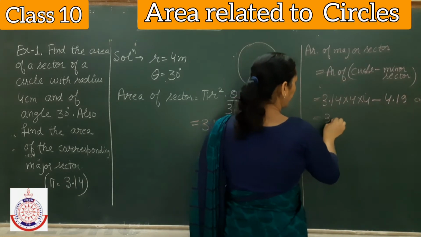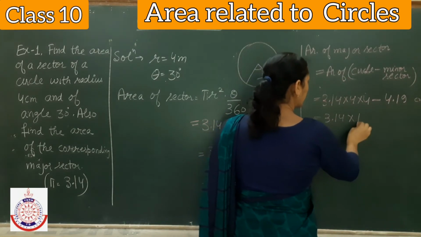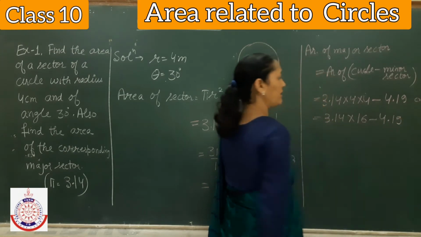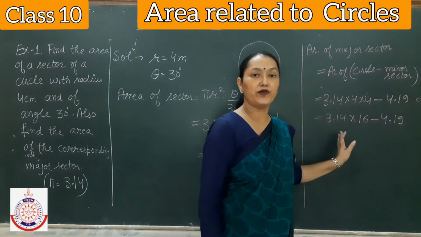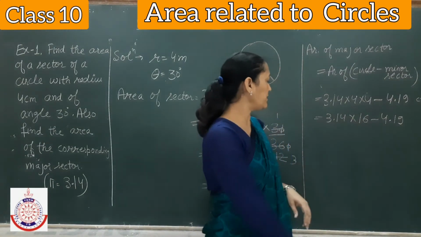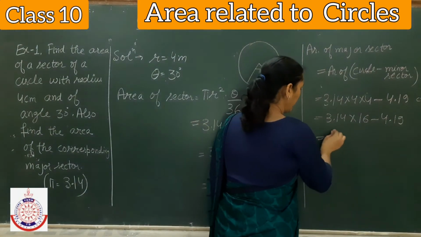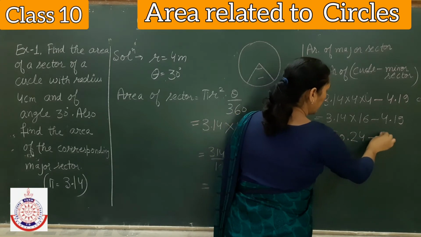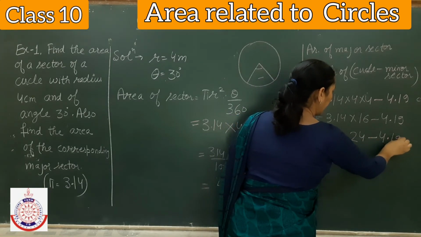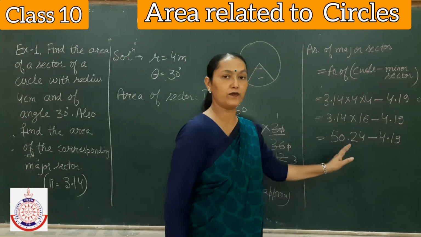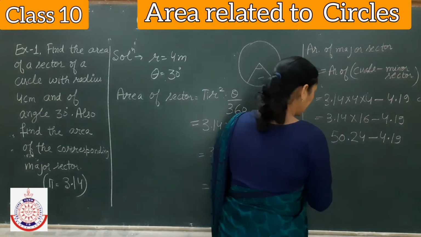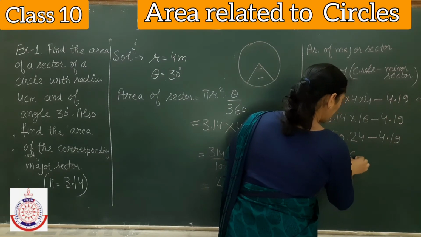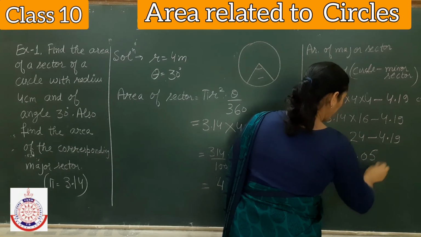So 3.14 into 16 minus 4.19. Multiplying 3.14 into 16, you will get 50.24 and subtracting 4.19 from this number, we will get 46.05.